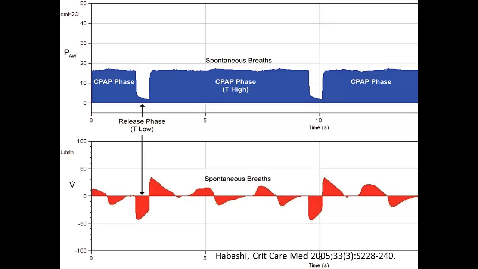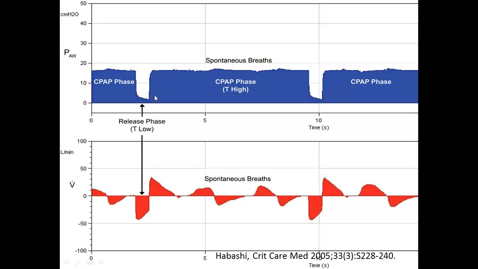This is a figure that I took from Dr. Habashi's article, the assigned article in Critical Care Medicine 2005. It shows pressure being graphed on the upper waveform, pressure's on the y-axis, time is on the x-axis. On the lower waveform, flow's on the y-axis and time's on the x-axis.